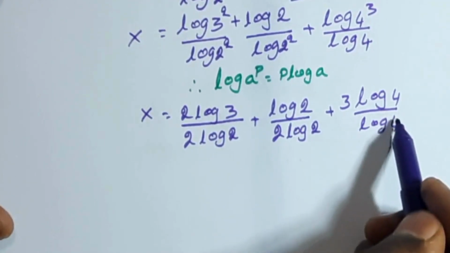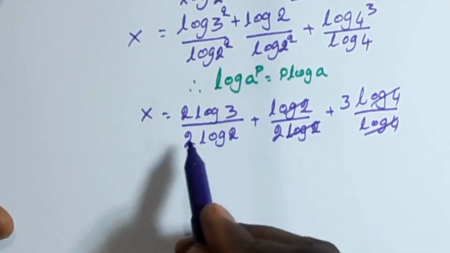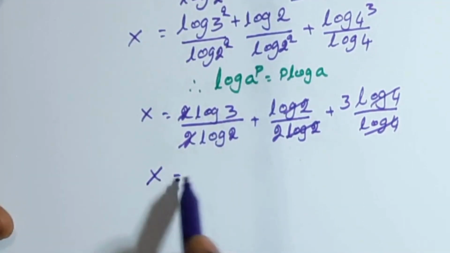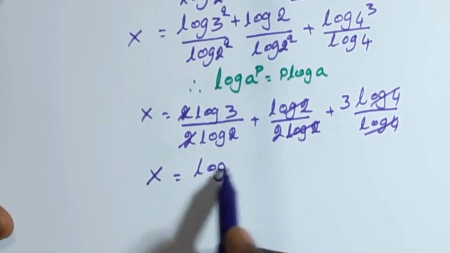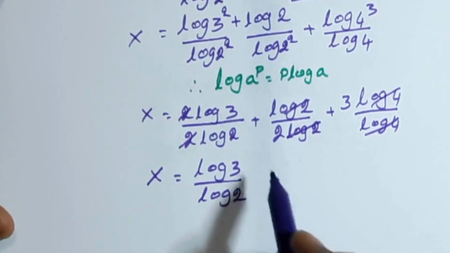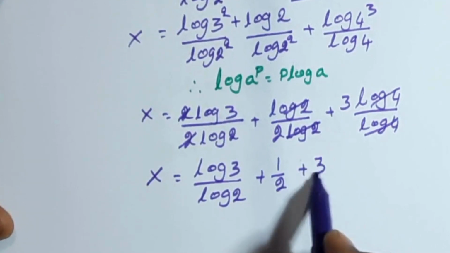This log 4 cancels this, log 2 cancels this, 2 cancels this. So we have x equal to log 3 by log 2 plus 1 by 2 plus 3.